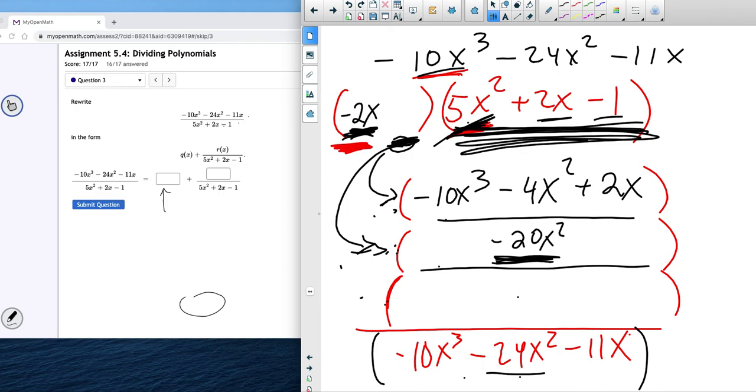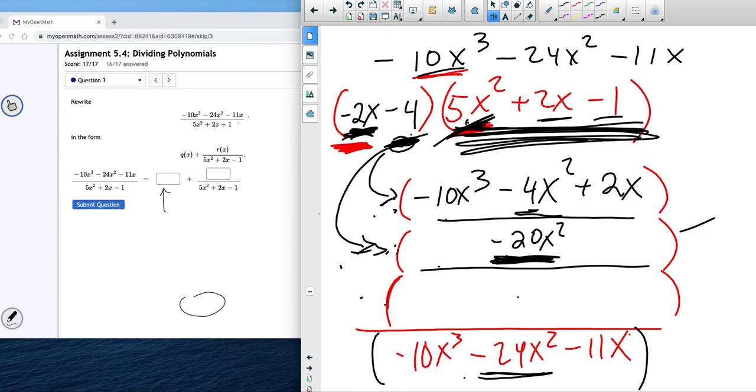Okay, I'd have to multiply it by negative 4. Negative 5x squared times negative 4 gives me negative 20x squared. And I need negative 20x squared here so that I can add it to the negative 4x squared to get negative 24x squared. So now I can finish out this row here.